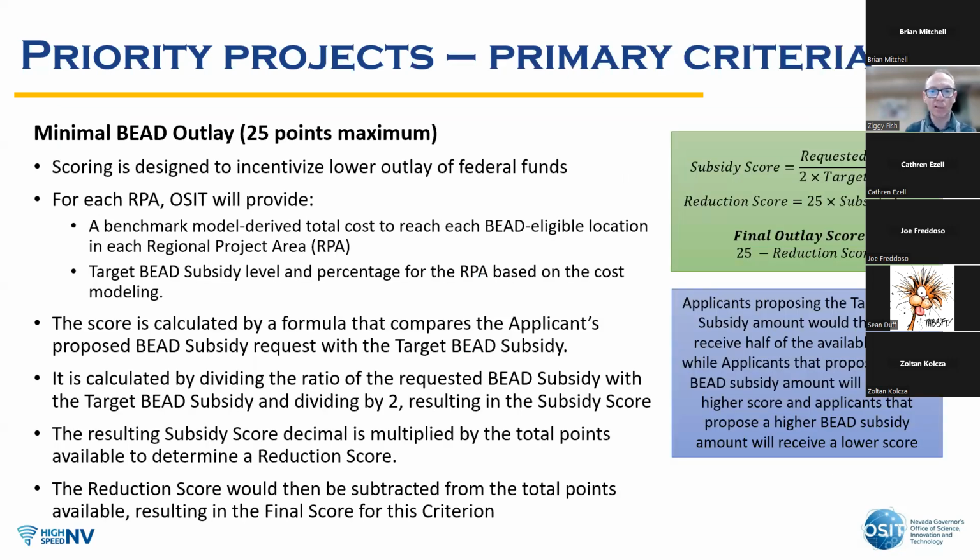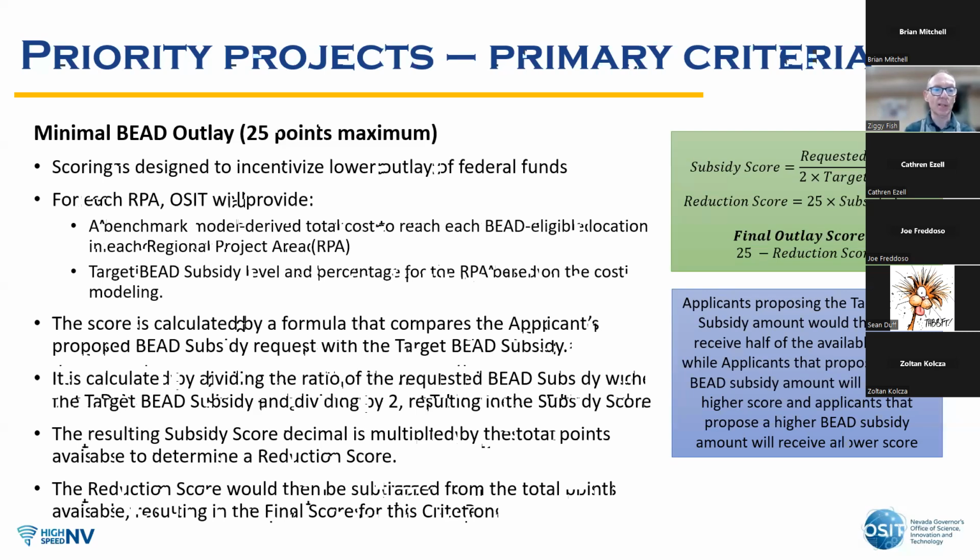So minimal BEAD outlay, there is a formula for this, and it compares your cost proposal and the amount you're requesting to a benchmark. So each RPA will have a benchmark cost. These targets and benchmarks are available on that map, and you can consult those.